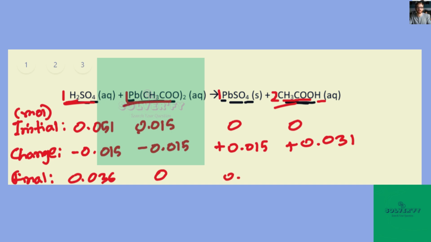Then we will have 0.015 mole of lead sulfate and 0.031 mole of acetic acid. Now we will simply find the mass of each number of moles here, and that will give us the final amounts in grams for each reactant and product.